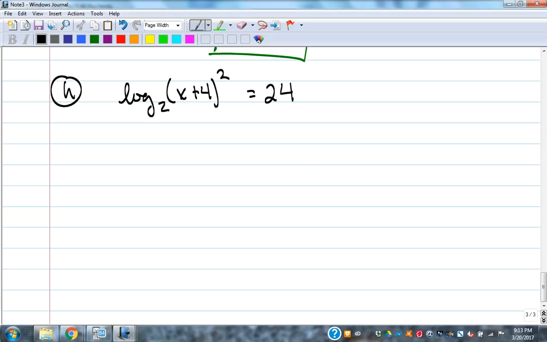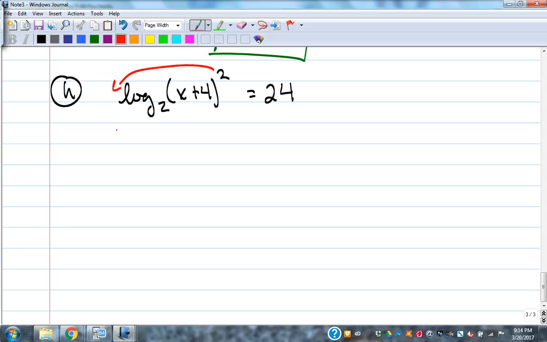Power rule. Yeah, there's a power rule there. There's an exponent on that left side, so I can move that down. It's always easier to multiply by 2 than it is to square something, right? Think about which one you learned how to do first. You learned how to multiply by 2 when you were in maybe 2nd grade. Yeah, it's a lot easier to multiply by 2 than it is to square something, especially if you're squaring x plus 4. So that's the reason we want to do this. Make it easier on ourselves.